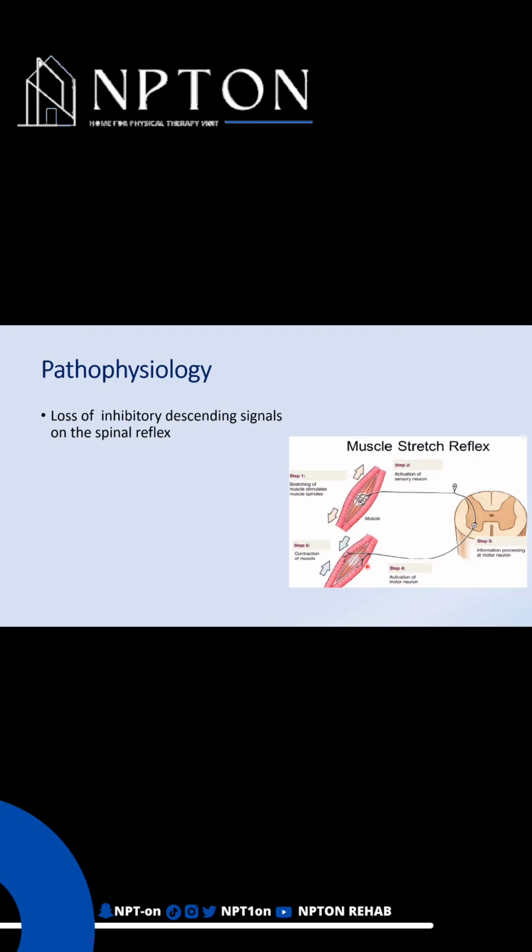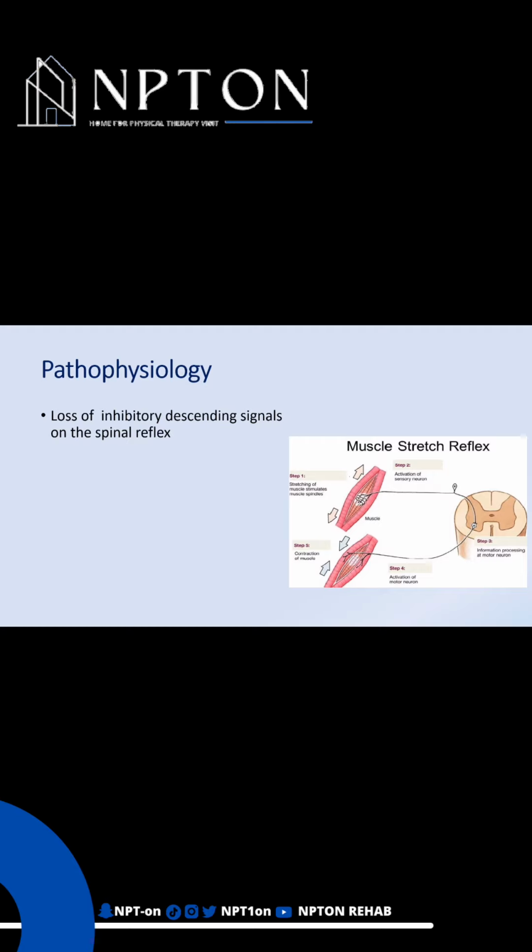This is in an individual with spinal cord injury. In a healthy individual, if you do a passive stretching, the brain is gonna send a signal to stop this signal from coming to the motor neuron, so you can do the passive stretching easily, and this will not trigger any muscle contraction.